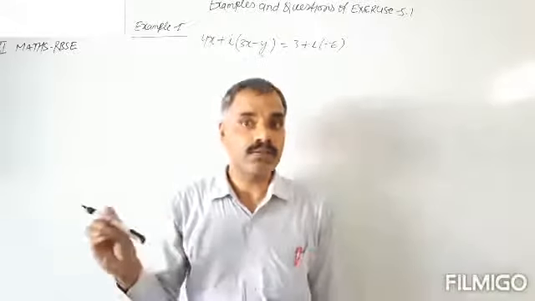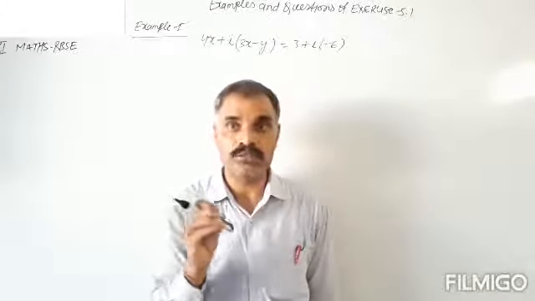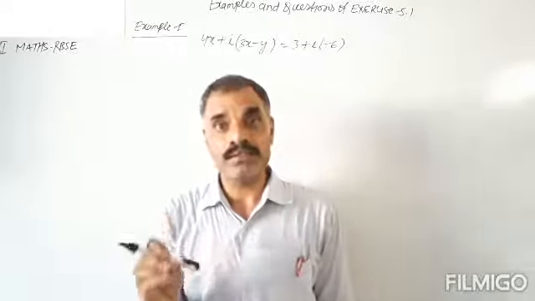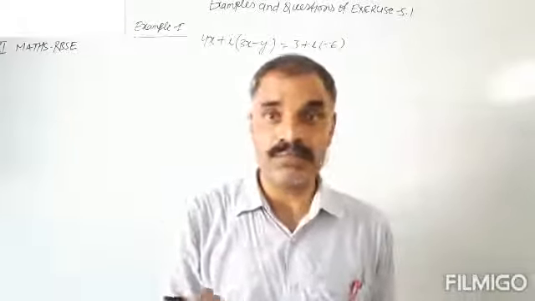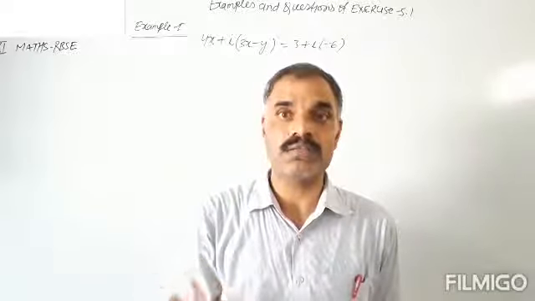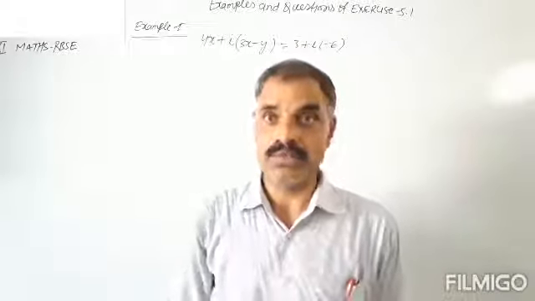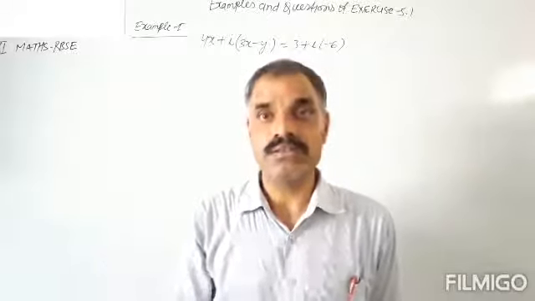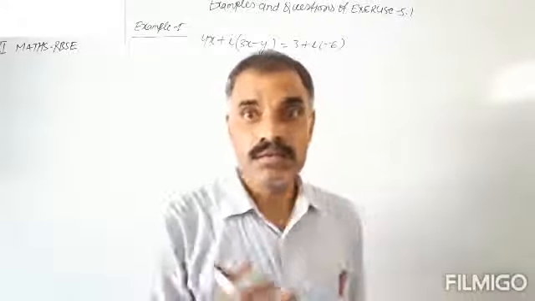That means the real part of the first complex number equals the real part of the second, and the imaginary part of the first equals the imaginary part of the second. After that we will solve the given equations and find the values of x and y.